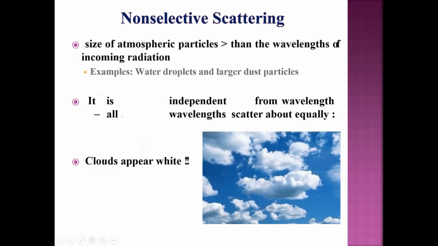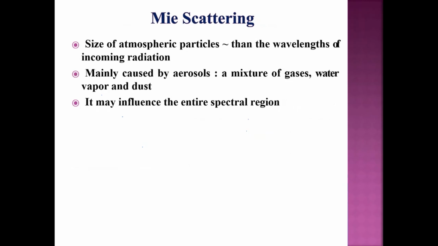That is why it is called non-selective. Because of this, clouds appear white, because they reflect all the colors, all the spectral regions. Questions will be asked about the type of scattering that causes the white color of clouds: non-selective, or Mie scattering. If non-selective is not given as an option in the examination, then the answer will be Mie scattering. Remember this, because it is approximately the same.